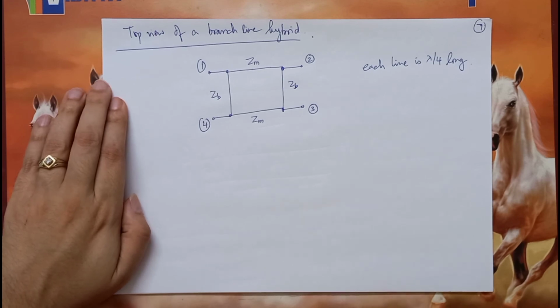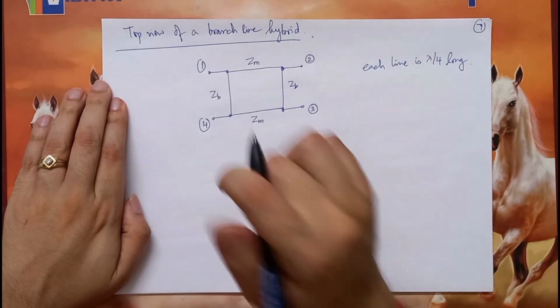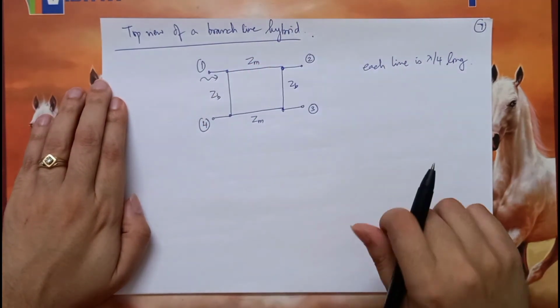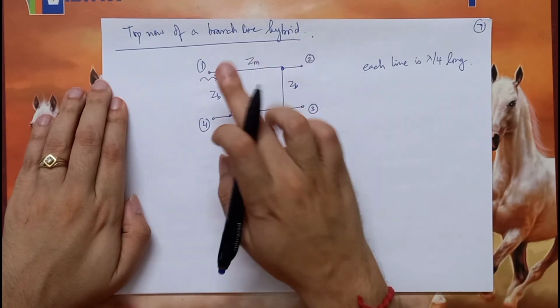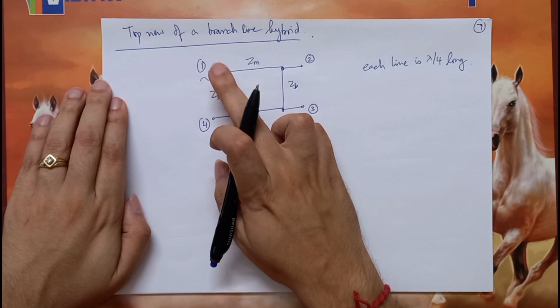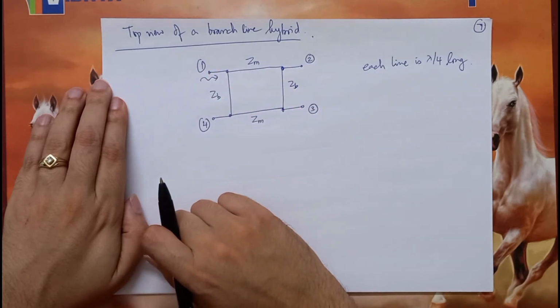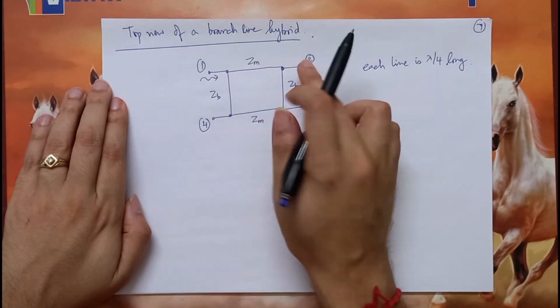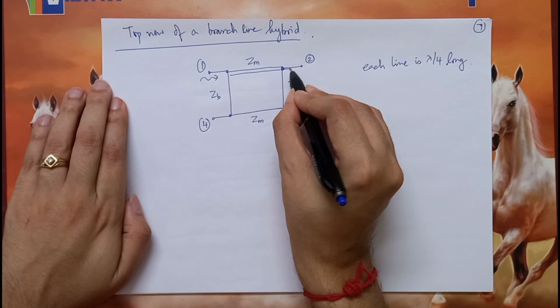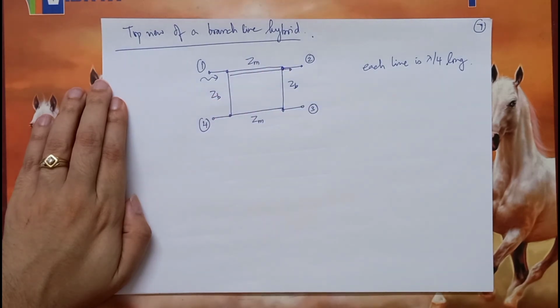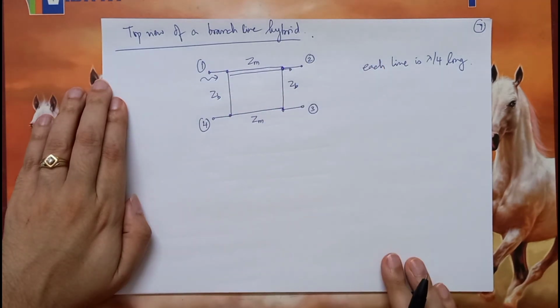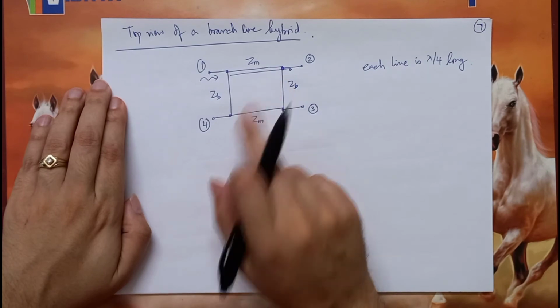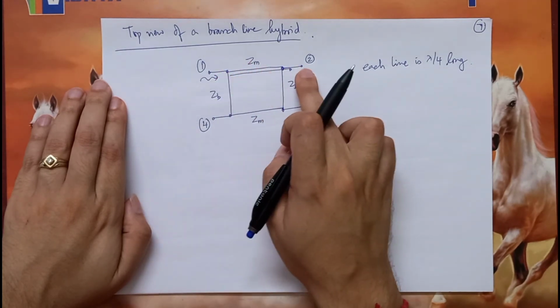So, let's get to business. Suppose there is an input at port 1. Let us now look at what are the paths possible this wave can take to travel from port 1 to port 2. One direct path is over here through Zm. The other is a longer path. So for the sake of simplicity, I can say the wave would definitely want to take the shorter path. So this is the shortest path.